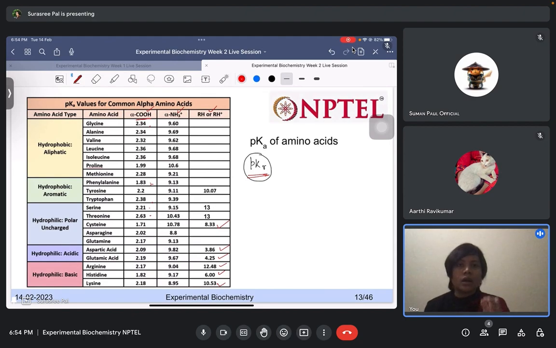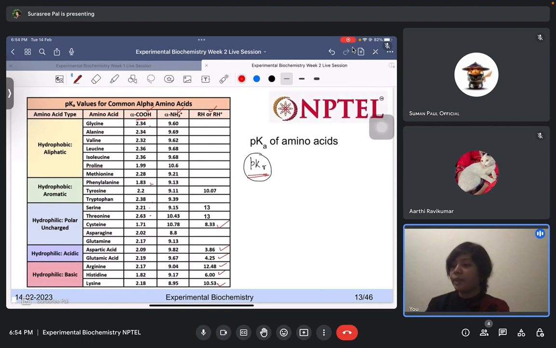The alpha carboxylic groups retain the proton only in very low pH conditions, less than approximately 3, because their pKa is approximately 2 to 3. So after pH 3, if you increase the pH, they will lose the proton, right? And that is why they lose the proton first during titration.